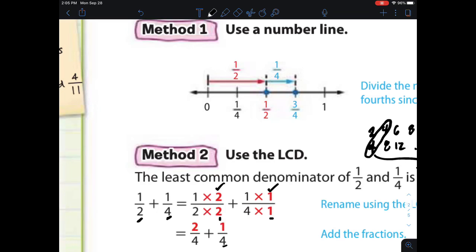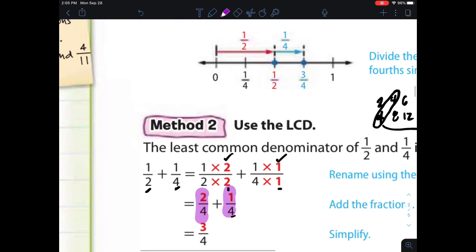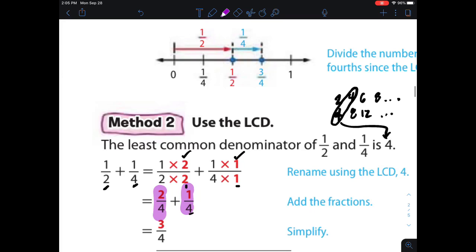So 1/2 times 2 over 2 is 2/4 right here. Okay? And 1/4 times 1 over 1 is 1/4 right here. So now your denominators are the same. You simply add the numerators. 2 plus 1 will give you 3. So your fraction in simplest form is 3 over 4.